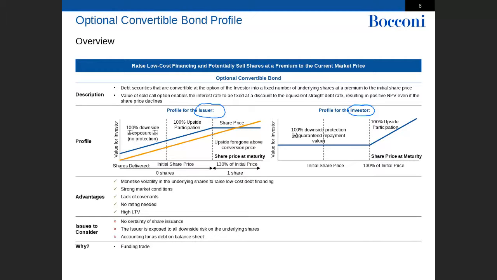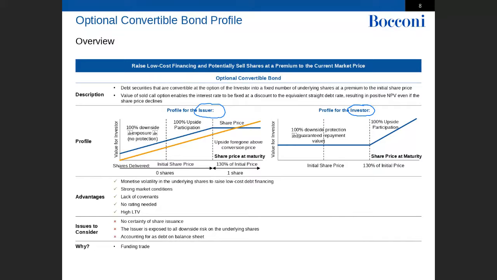For the issuer, you de facto have the exposure to the equity, which is the yellow, actually orange line. And basically, if the share price does not perform, you get all the downside, because at the end of the day, you need to repay 100.